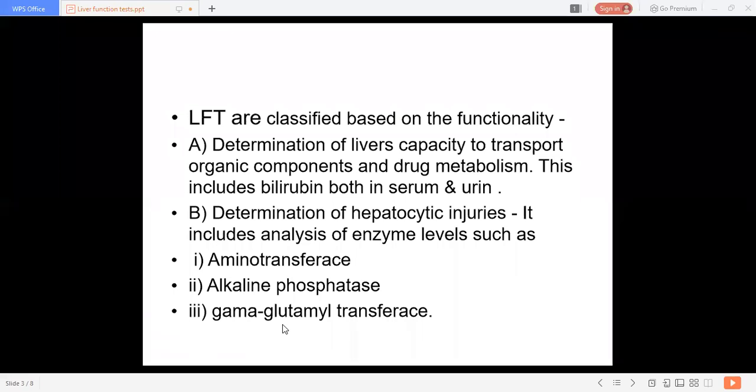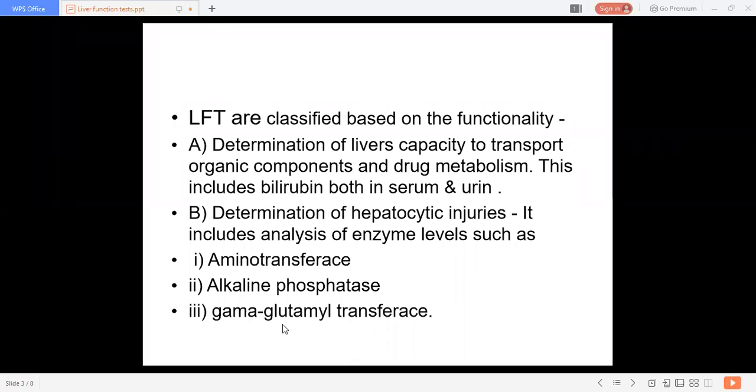This enzyme is largely localized in the pancreas, liver, kidneys, intestine, and prostate. In the liver, it is present in the microsomes of the hepatocyte.